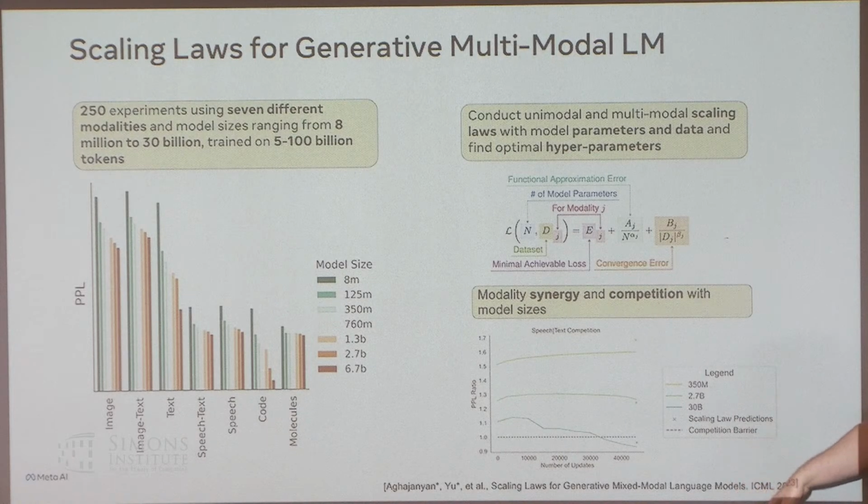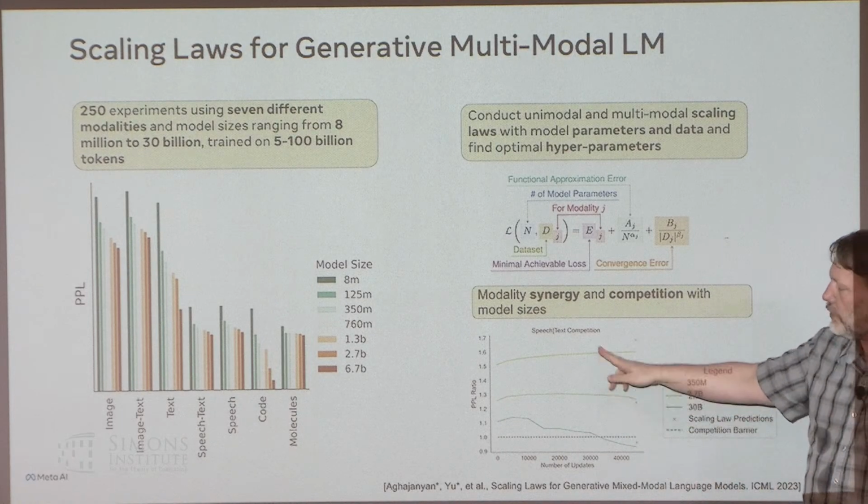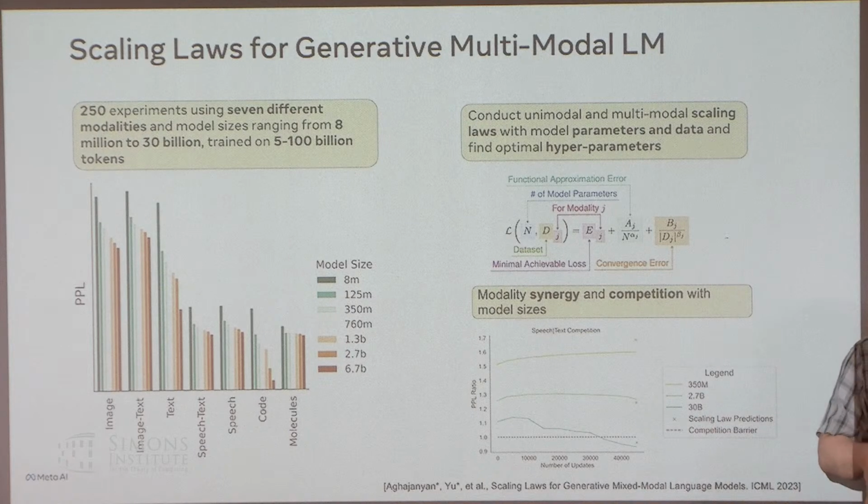To a first approximation, for small model sizes, you do get a lot of cross-modality competition. Adding modalities makes everybody worse than just having unimodal models. But the scaling laws predict that if you get up to a certain scale, you'll start getting more synergy. So if you can scale the models big enough, the cross-modal competition won't hurt you as much. Although I don't know that we've seen that a lot in practice, but that's what it predicted.